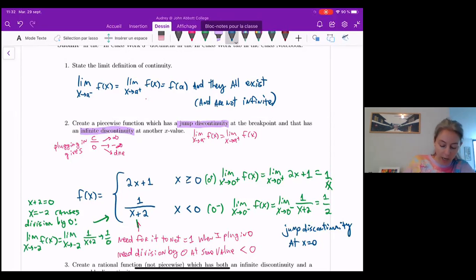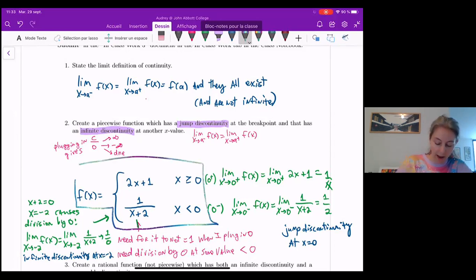So I do indeed have an infinite discontinuity at x equals negative 2. And this, therefore, is my final answer, this beautiful function that I have right there.